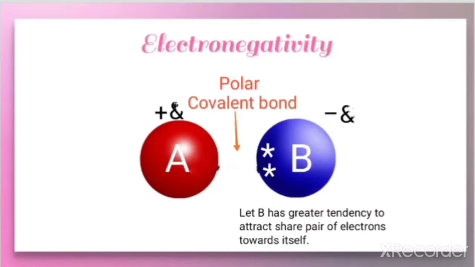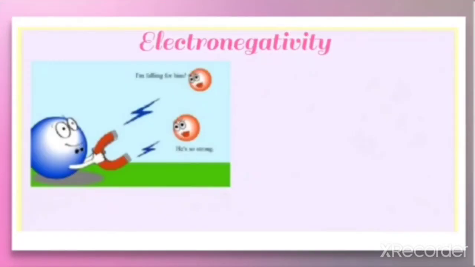So from this example, what is clear is that when different atoms combine by sharing of electrons, if one of the atoms is more electronegative, then it attracts the shared pair of electrons towards itself. This picture is what I found more suitable to explain electronegativity.